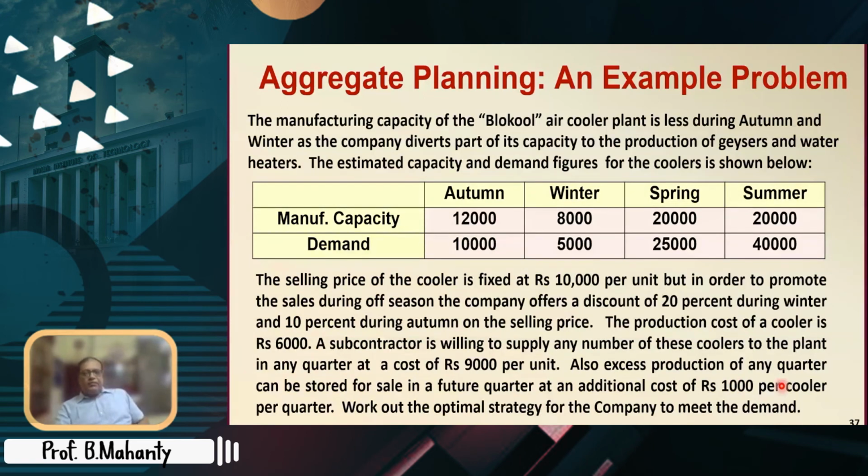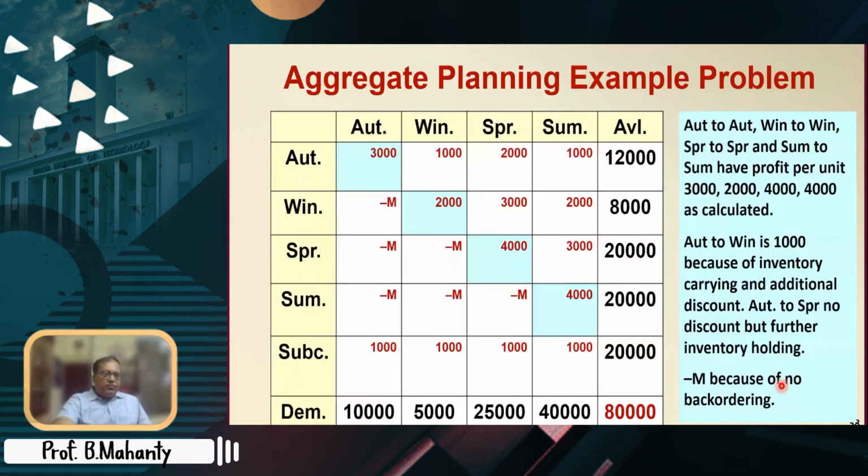So look here, in this particular problem, it is the company that has to come out with its production schedule. And here the demand is at different quarters. Is it not? The demand is therefore time based and not actually place based. So on both sides we have autumn, winter, spring and summer, and here also we have the subcontractor.